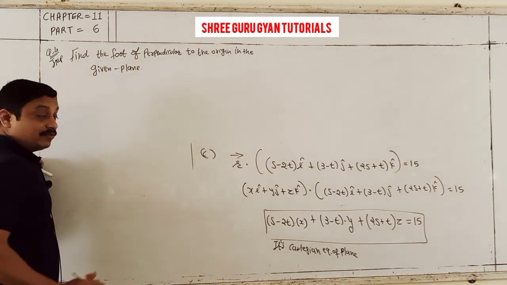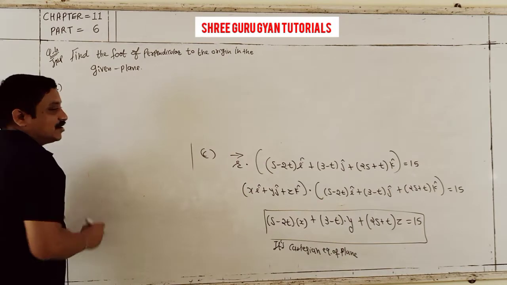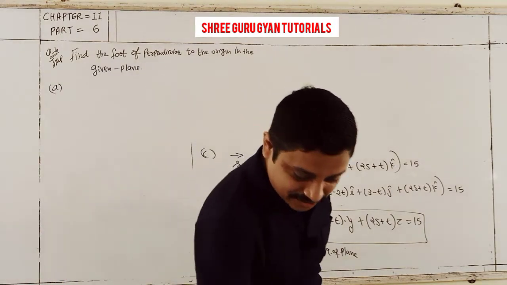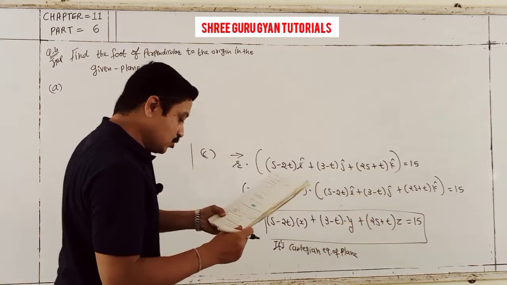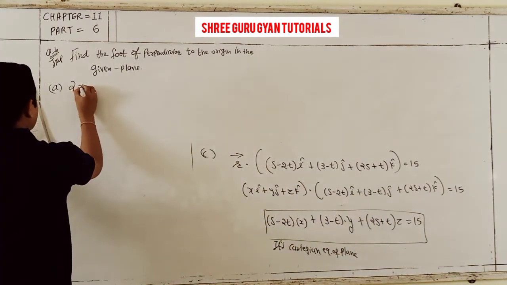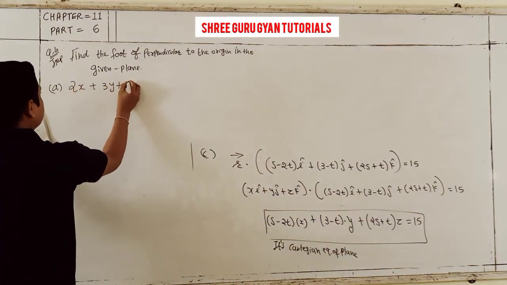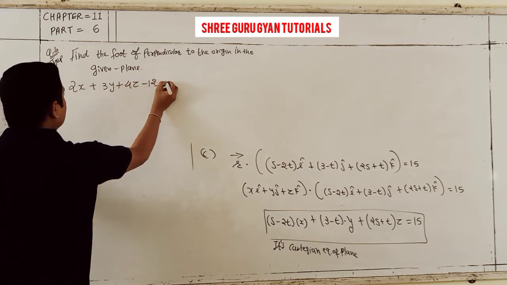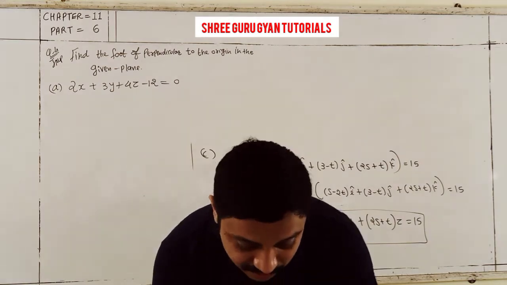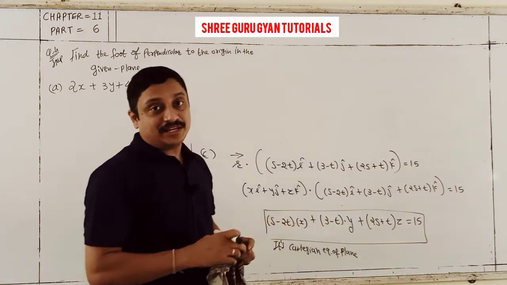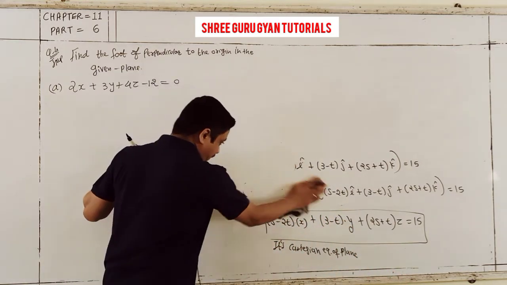In the given planes, our first question is very simple. Given the equation r dot, the given 2x plus 3y plus 4z minus 12 is equal to 0. 2x 3y 4z minus 12 is equal to 0. Students, very easy.